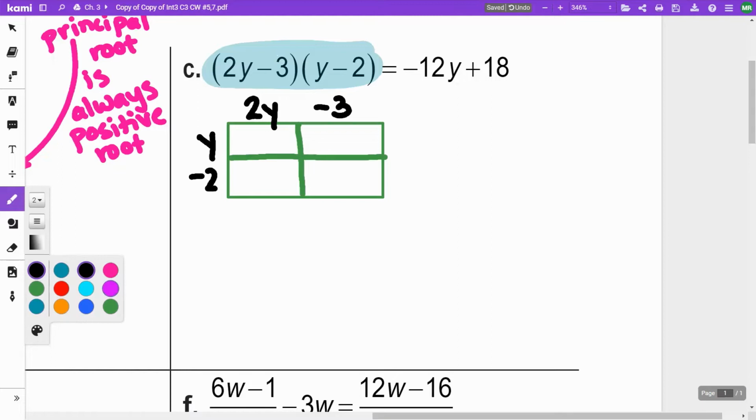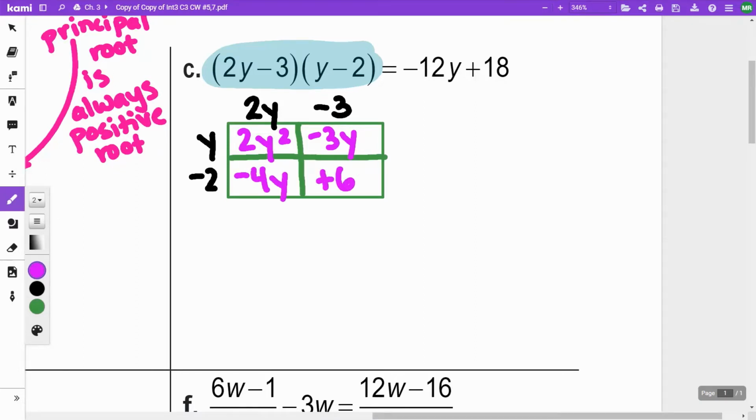And I am going to get a 2y squared minus 3y minus 4y plus 6. So that means I have a 2y squared minus 7y plus 6 is equal to a negative 12y plus 18.